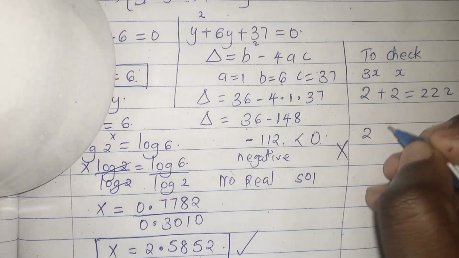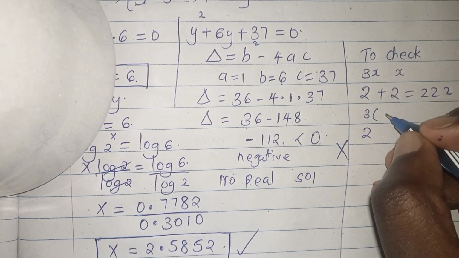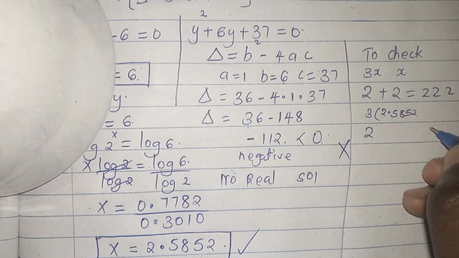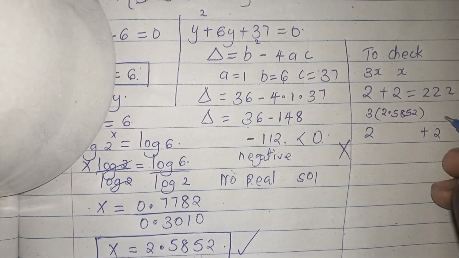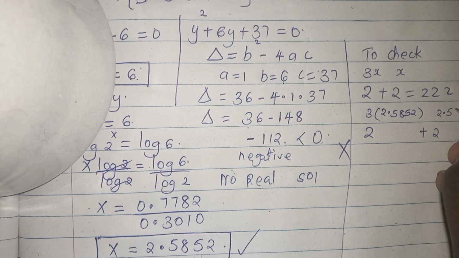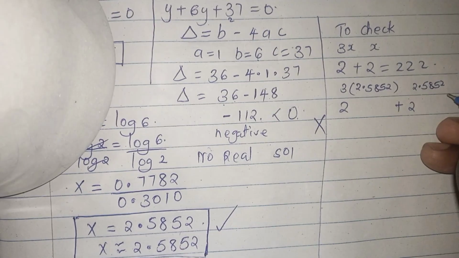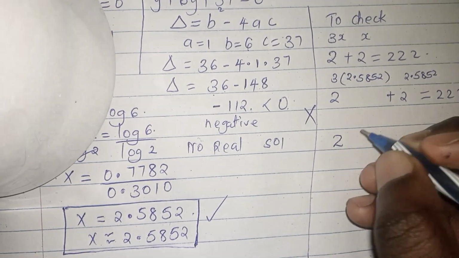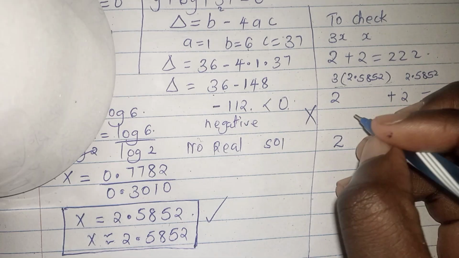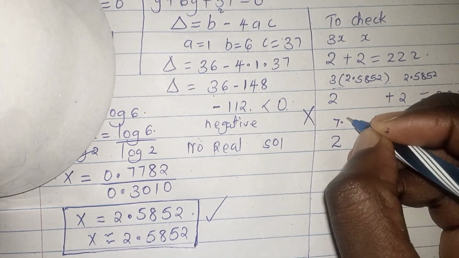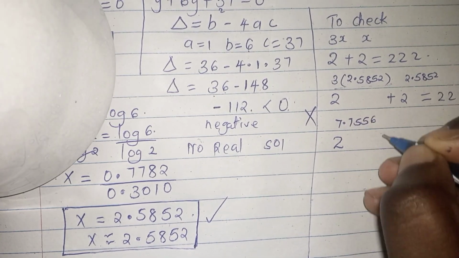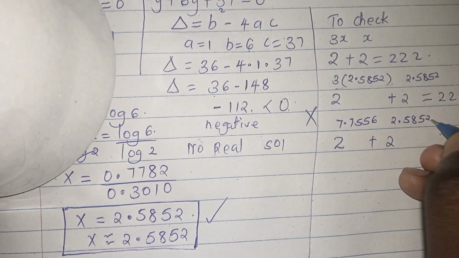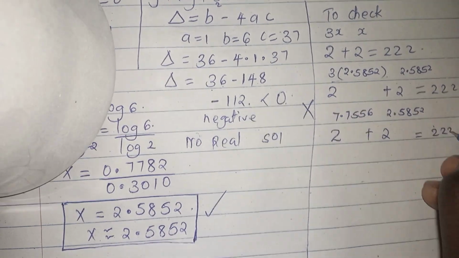So then this is 2 to the power of 3x, which is 2.5852, plus 2 to the power of 2.5852 is equal to 222. So if we multiply, this is 2 to the power of 7.7556 plus 2 to the power of 2.5852 is equal to 222.